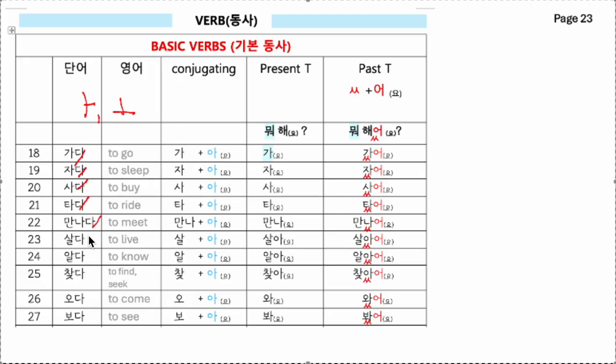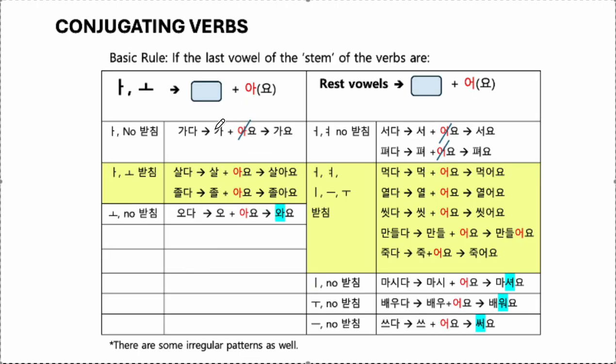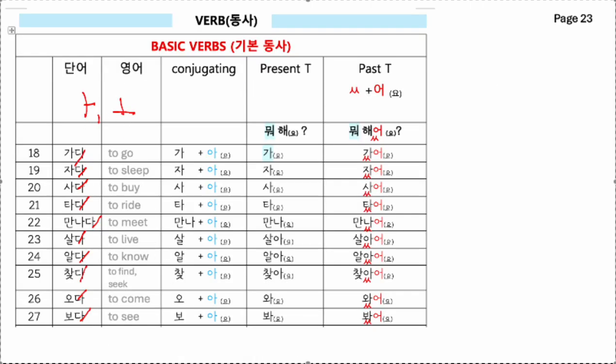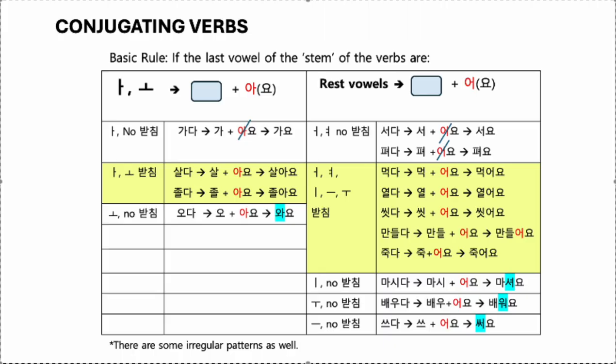If you get rid of 다, then the rest is the stem. So 가 plus 아요, 가요. 자 plus 아요, 자요. 사 plus 아요, 사요. But there is some irregularity. I'm going to teach you this first. For 아 and 오, this is the rule: the stem plus 아요, but within that there is more formula. For example, it ends with but has no 받침.